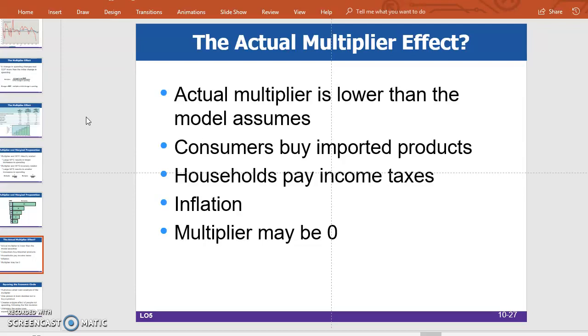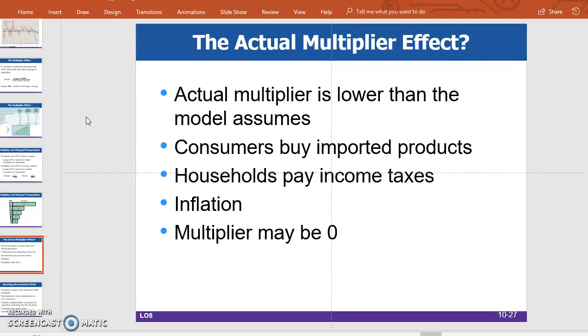So the home country's GDP will not change. Also, households pay income taxes. When they hand over part of their money to the government, they cannot spend it. So even if their income increases, the amount they spend will fall when people have to pay taxes. Then there is also inflation. Because of inflation, there is a decrease in purchasing power.